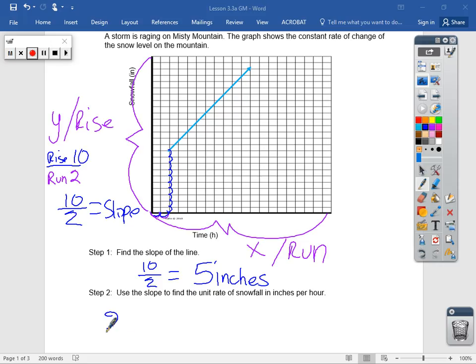So if I have 2 hours, and in that 2 hours, I have 5 inches of snow, I would need to divide my 5 in half so that I could find out what the amount of snow is, right? So what's half of 5? It's 2.5 inches.